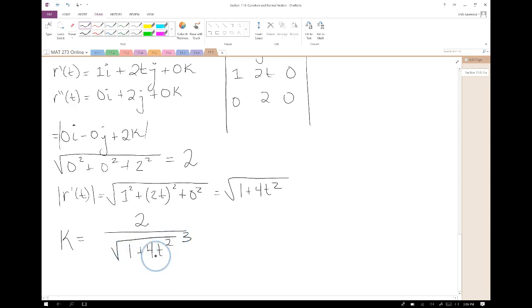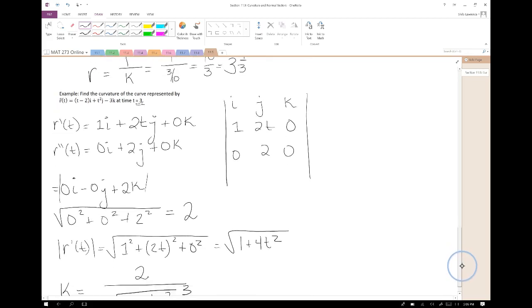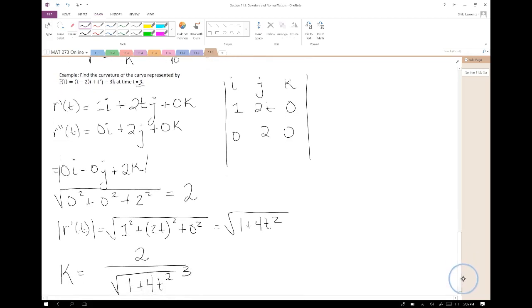And we do still have a t at the end of our calculation, which means the curvature on this curve is not a constant curvature. It's different based on where you are in time. So we're specifically wanting this at time 3.